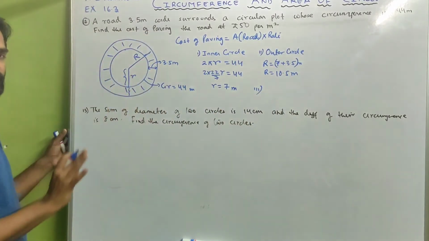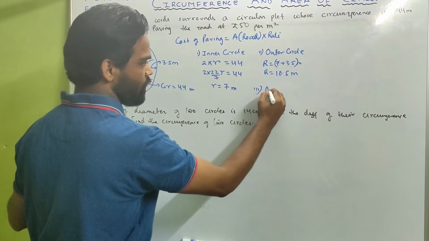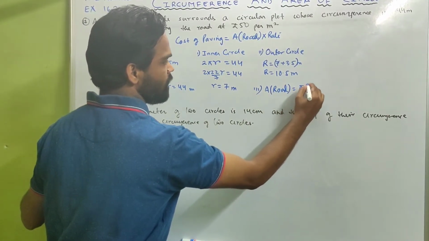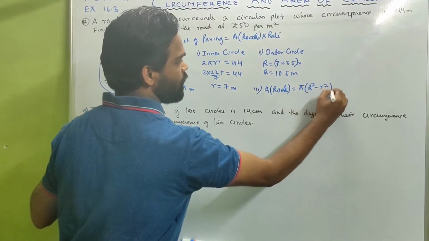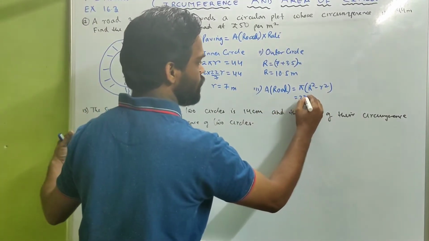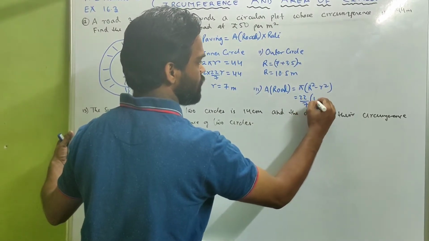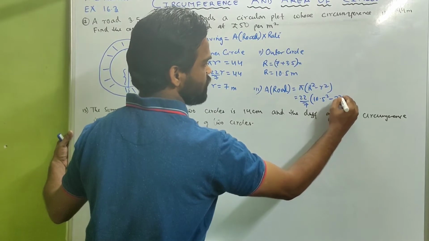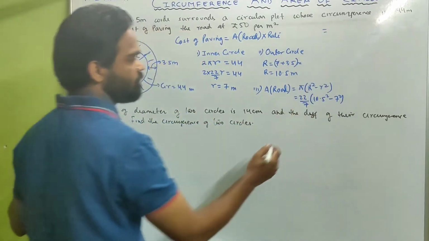Now, area of the road is pi (capital R square minus small r square), isn't it? Which is 22 by 7 (10.5 whole square minus 7 whole square), which is how much?